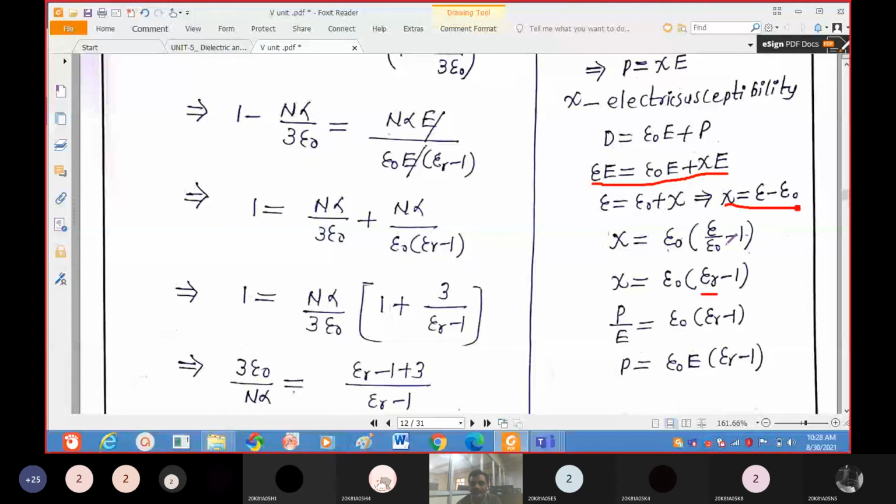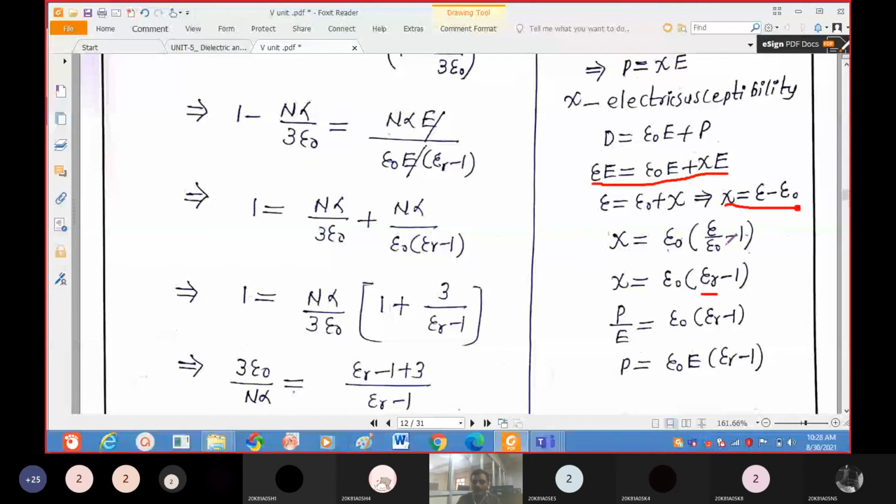If you place the dielectric material inside the electric field, charges will be separated: positive and negative charges are separated. That ability is called polarizability, or simply dielectric polarizability of the material. This is the definition of polarizability.